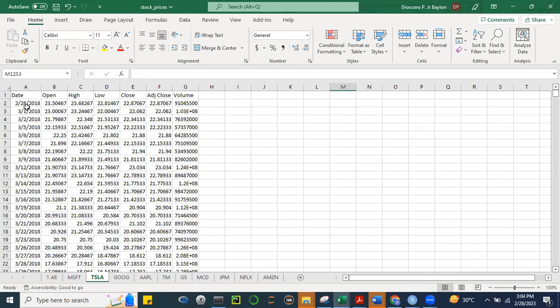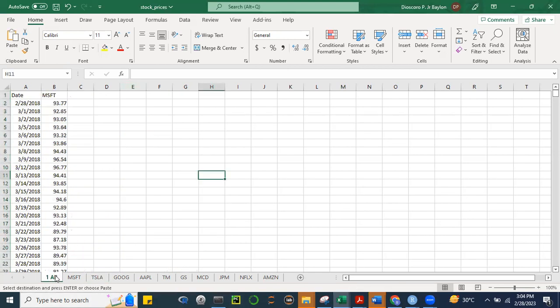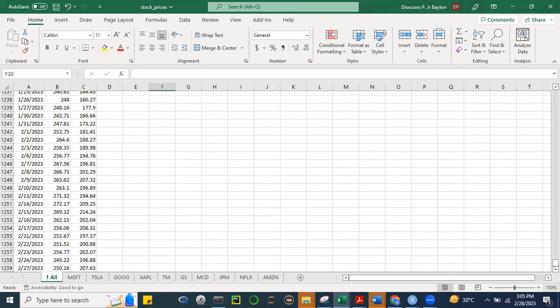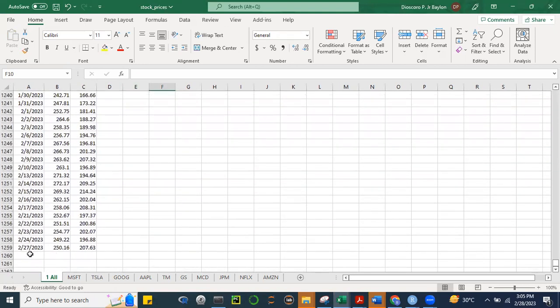Okay, actually pare-pareho naman sila ng prices. So copy this, Control C, Control V, and then so this is Tesla, TSLA. So we're putting side by side the prices. And then, check lang natin kung pareho yung ending. Okay, 2/27/2023.